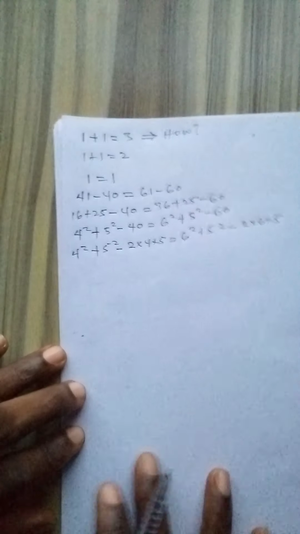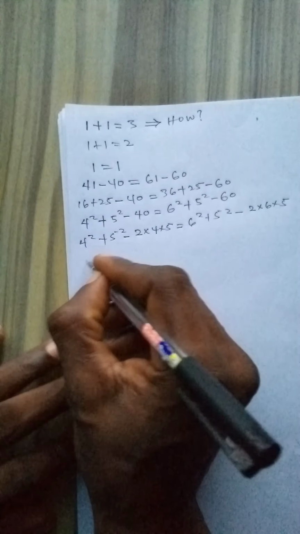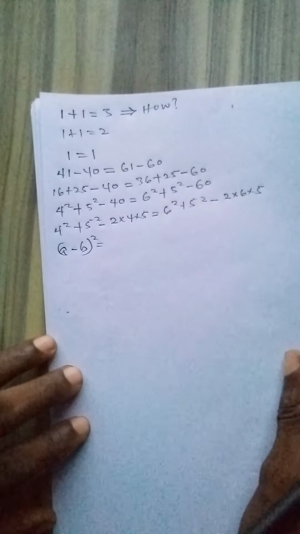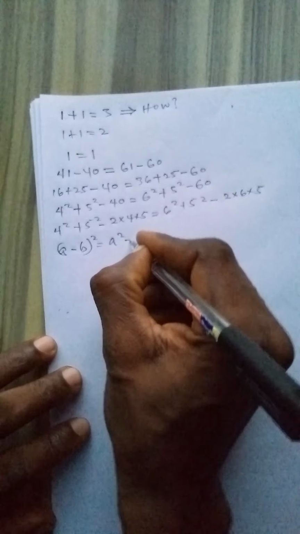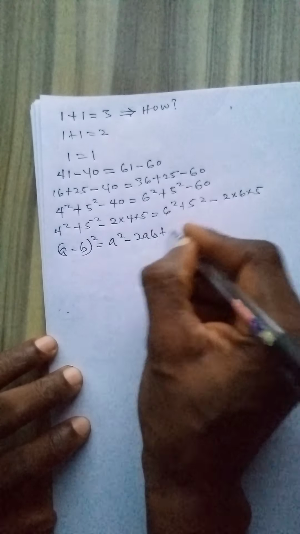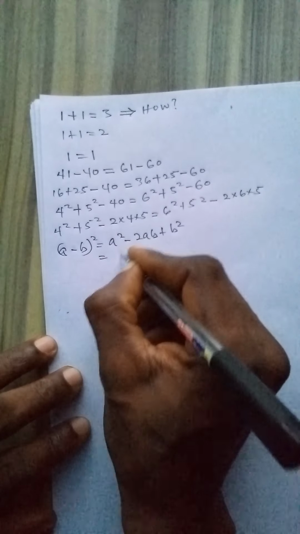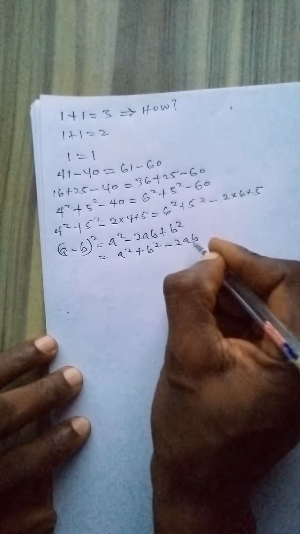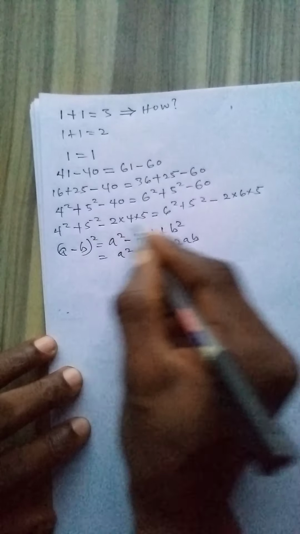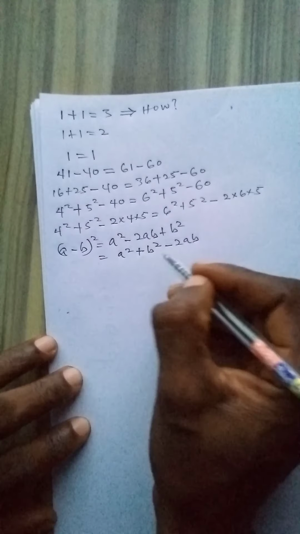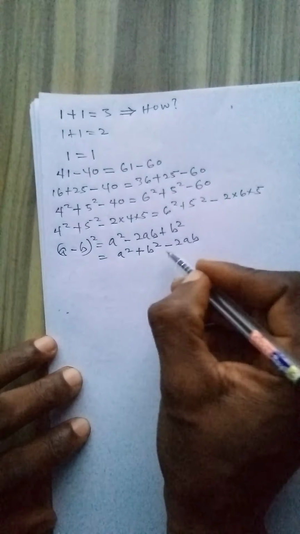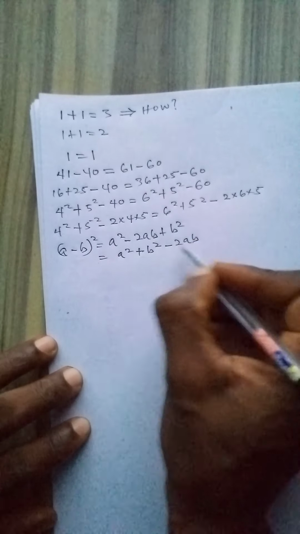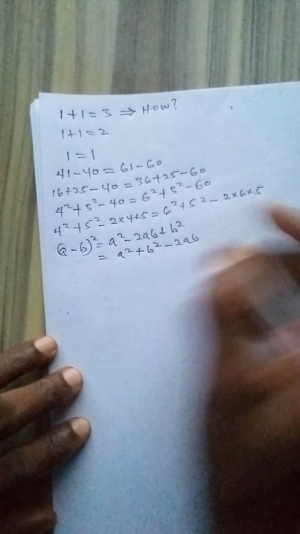Now, let us remember this rule. If I have a minus b all squared, it will expand to a squared minus 2ab plus b squared, which is a squared plus b squared minus 2ab. I will use this expansion here. So my a is 4 in this case, b is 5. We have a 2 here, a is 4 and b is 5. So I will apply it in this and also in this.